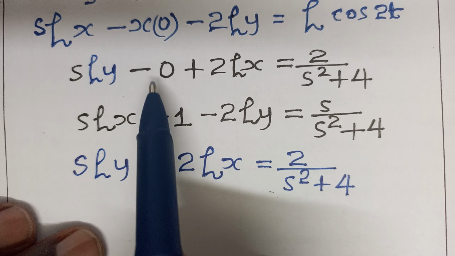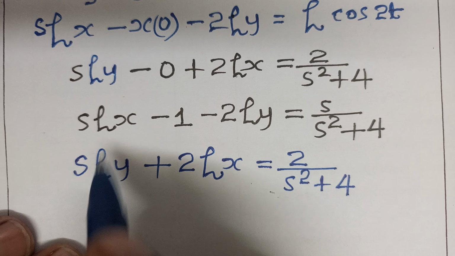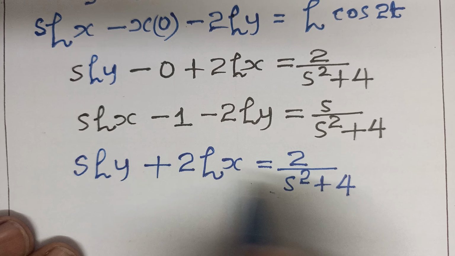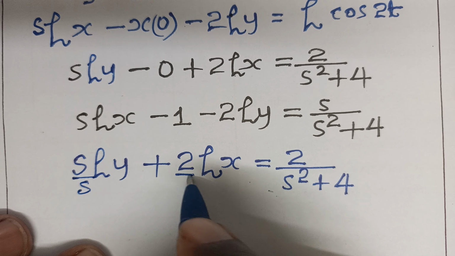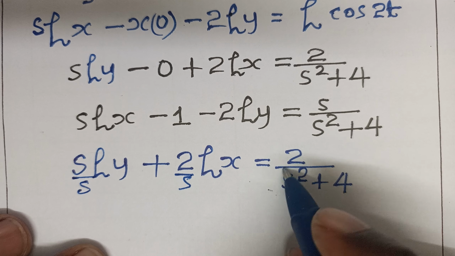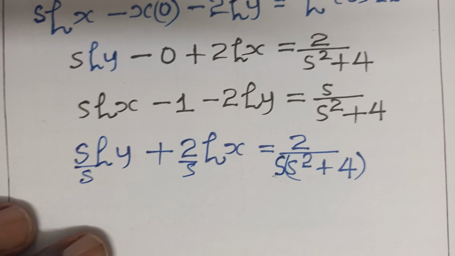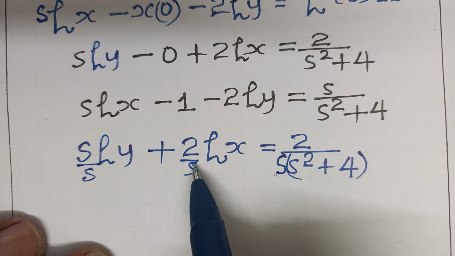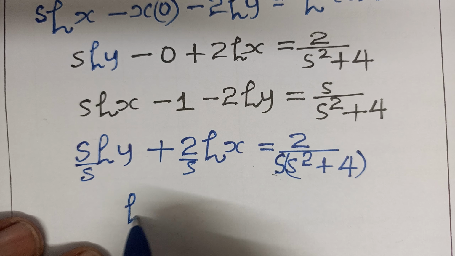Now we have eliminated the zero and we are left with this equation. We can now divide by s throughout. I divide by s here, divide by s, divide by s for this. After dividing, I can now take this to the other side so that you are left with one variable on this side.